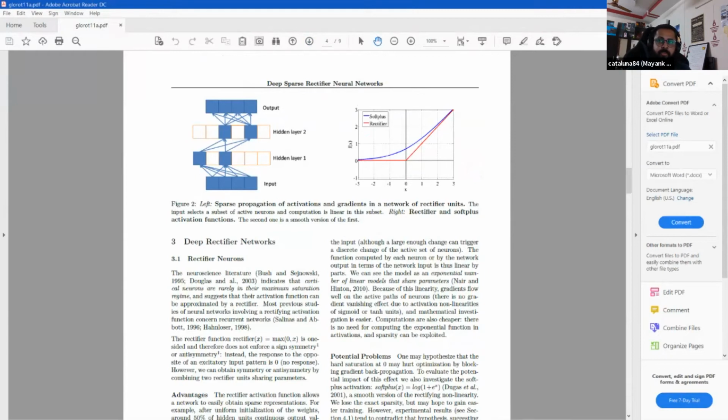Here we can see the percentage of activations. If we have hidden layer 1 that has 1, 2, 3, 4, 5, 6 neurons, and only 2 are being activated, that's what we can see from the overall mean and the activation. If we go back to the book.